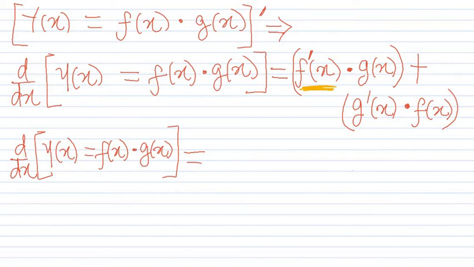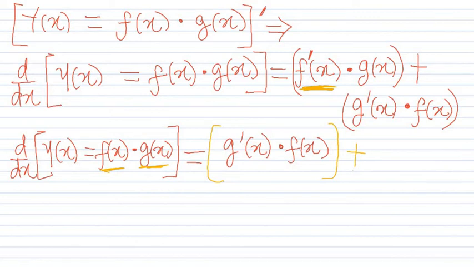We can always just do g prime of x multiplied by f of x. Guess what? We did not change the position of f of x. Since we can add both sides together, it's an addition, we don't have an issue. So this is 1 here, plus we can also then say f prime of x multiplied by g of x.